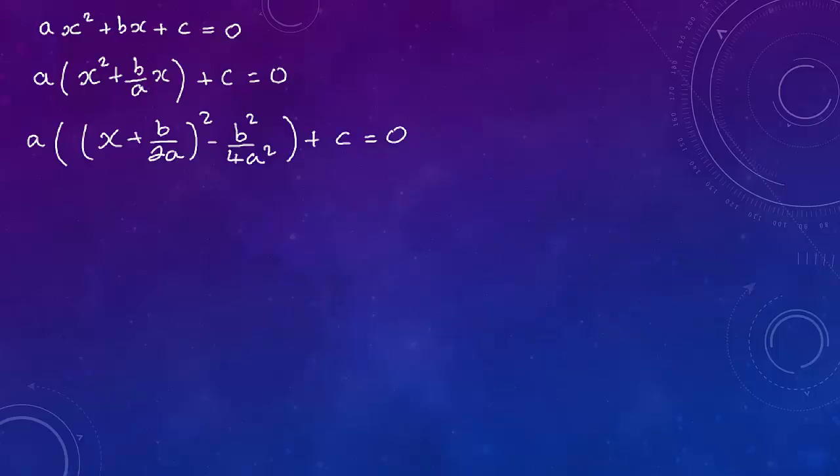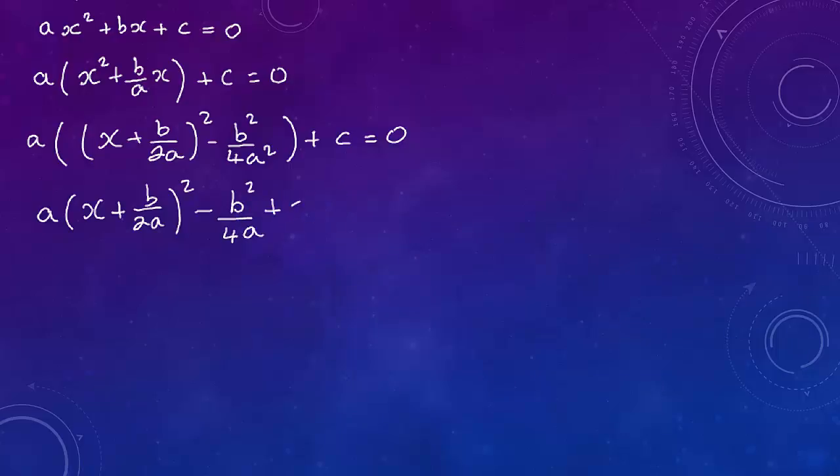Now let's re-expand out. So a multiplied by the squared bracket here gives us a times x plus b over 2a all squared. And if we multiply a by b squared over 4a squared, the a will cancel with one of the a's on the bottom, so we get b squared over 4a.